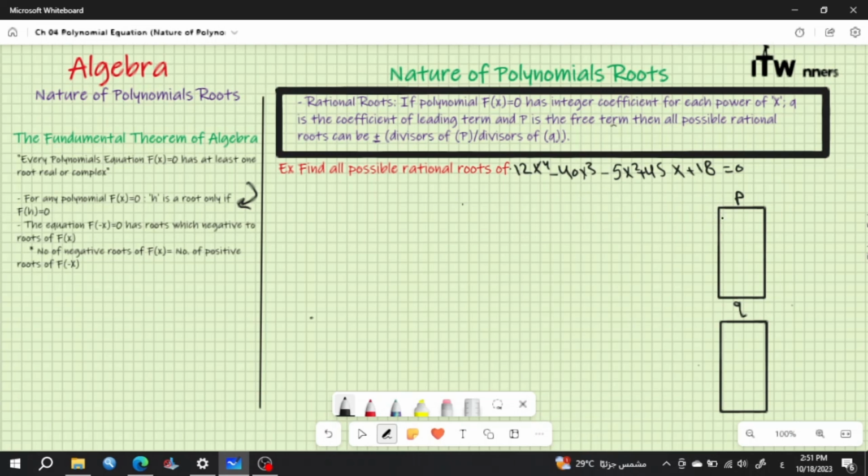Okay, so here b equal to 18, q equal to 12.